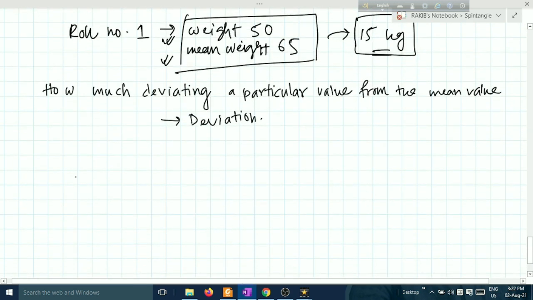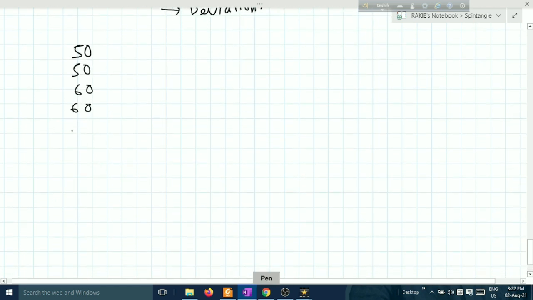Say, I am writing the chart mentioned above: 50, 60, 60, 60, 70, 70, 70, and there are 3 70s and 2 80s, I think. Okay, fine. What was our mean?